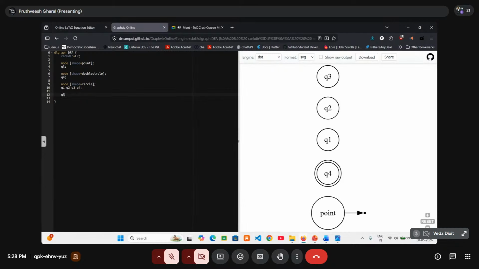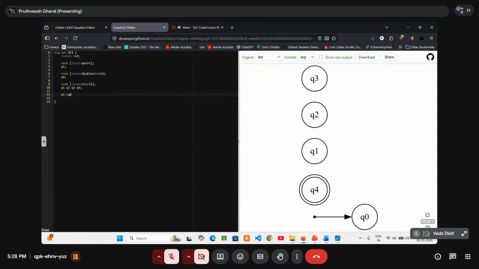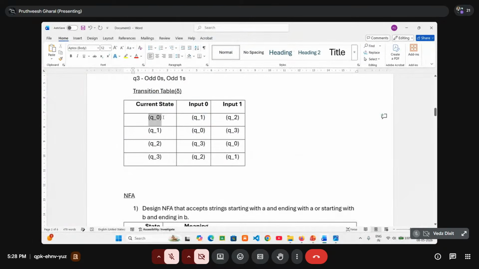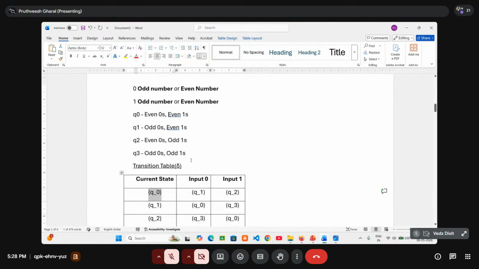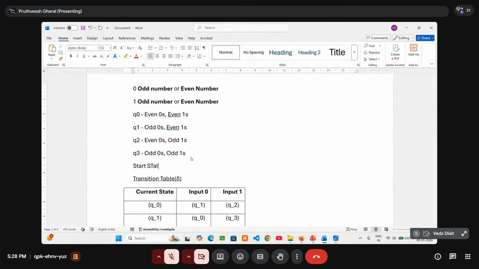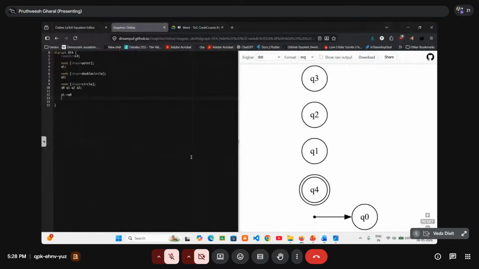Qi to Q0. Okay, this is the start state we defined here. We define Q0 as the start state.